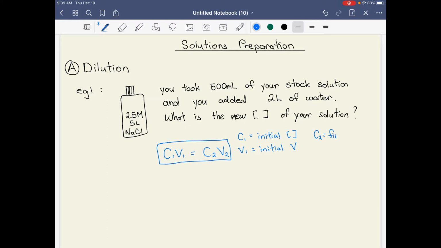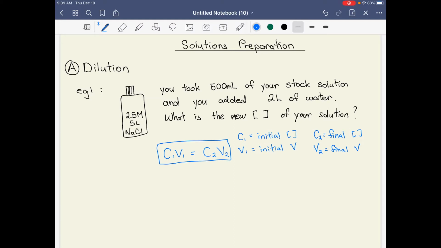C2 is your final concentration, which is what we want to find for this question, and V2 is your final volume. Now, V2 is not how much water you're adding, it's the final volume. Be careful with that.